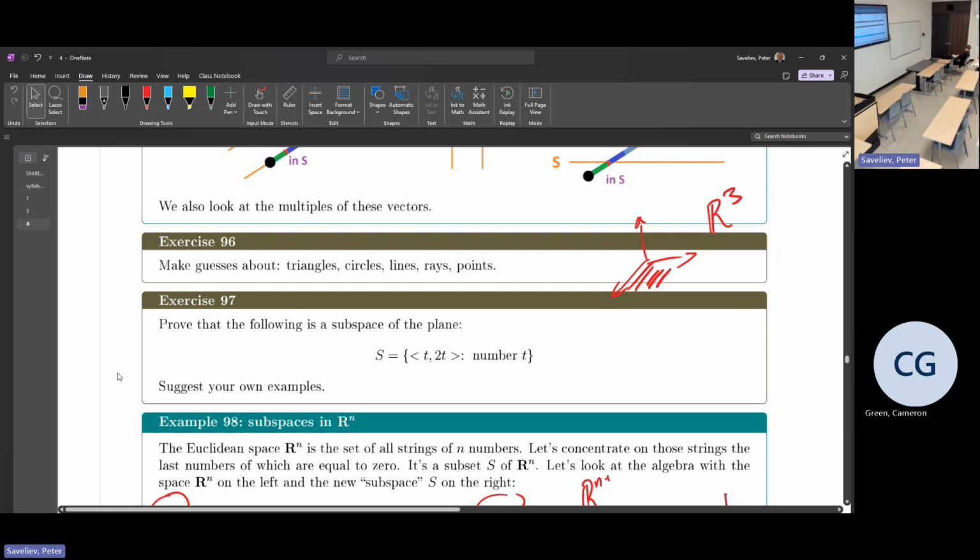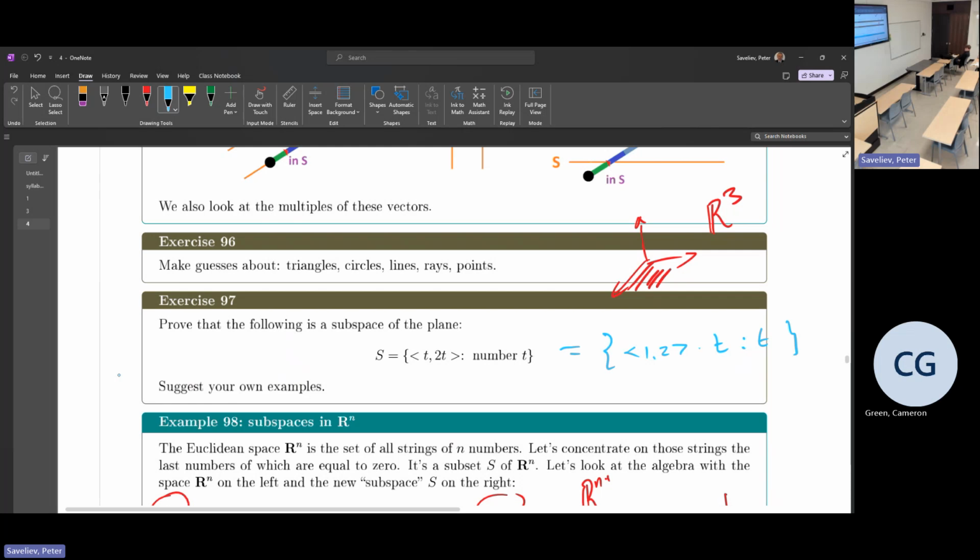And then these are indirect ways to construct subspaces. So for example, this is a multiple, this is the exercise here: a multiple of a vector. So these are multiples of the vector (1, 2) multiplied by t. And so what you think about it, you can see that the algebra of vectors is preserved.